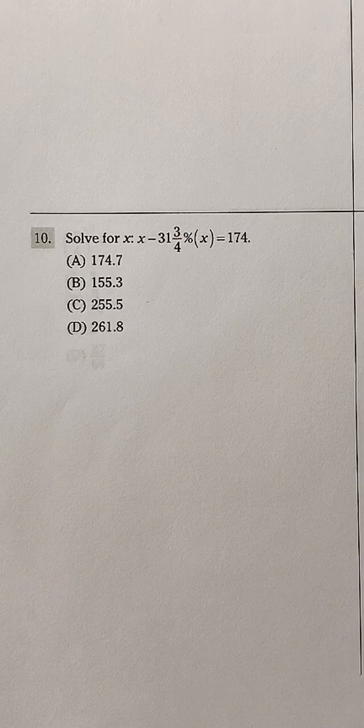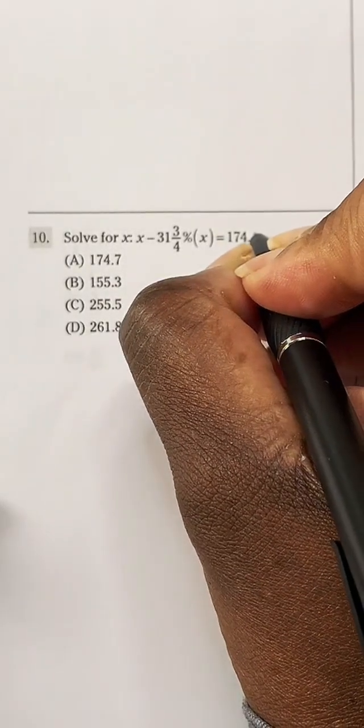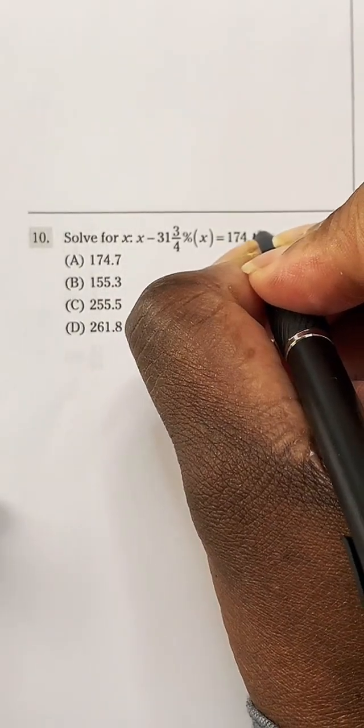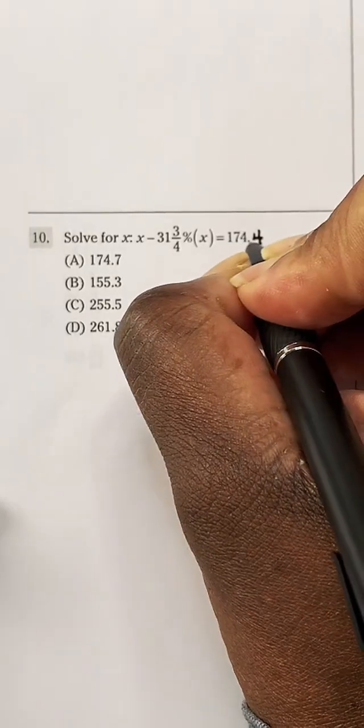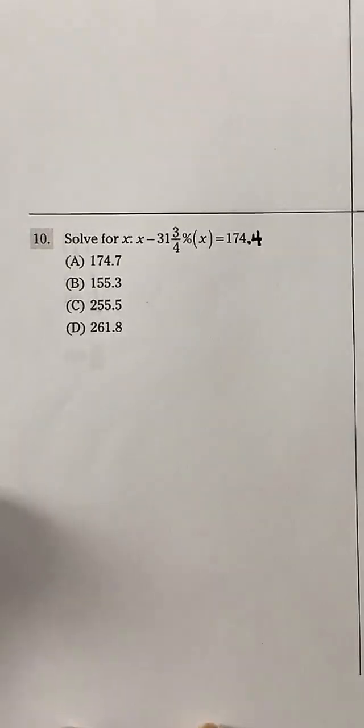I think this is the one that I saw. Oh, this is the one. I'm so sorry. This was the one that I actually spoke to the person about. They forgot it's supposed to be a 0.4. It's supposed to be 174 and 4/10.